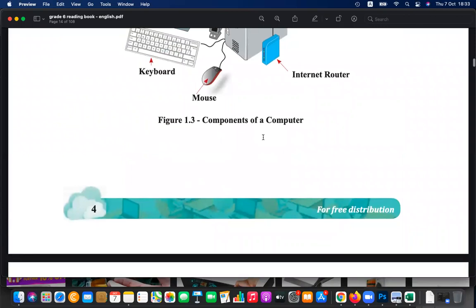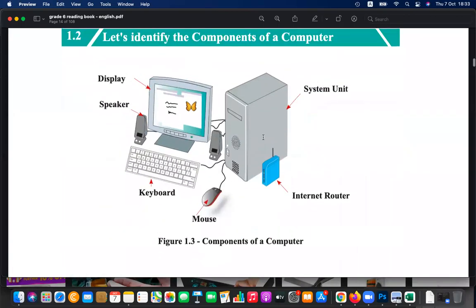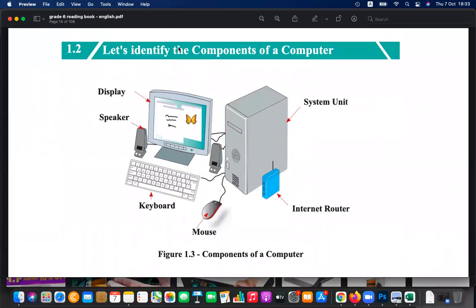And computer, basically, we learned that it has components. So can you tell me the categories of these components, not the components, the categories? One thing I can tell: to give inputs, we can use input devices. So what are the other categories? Output devices.